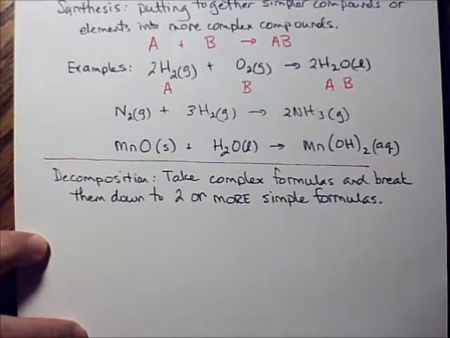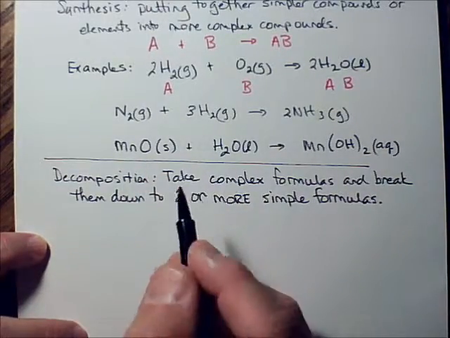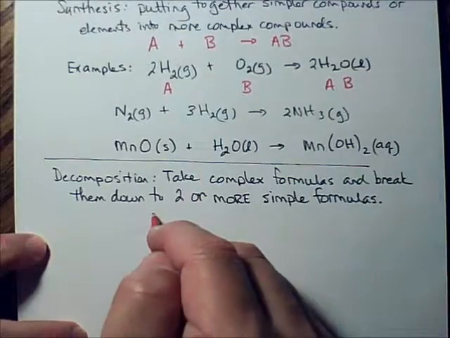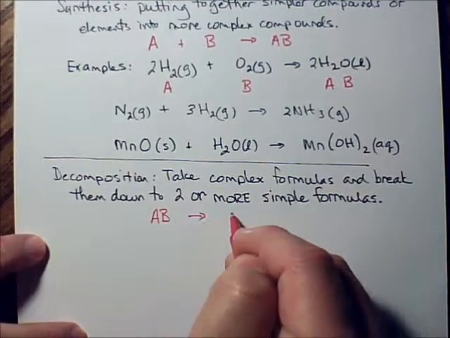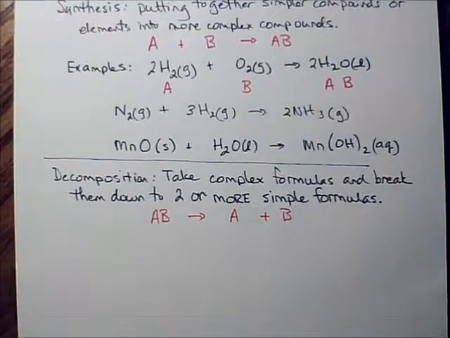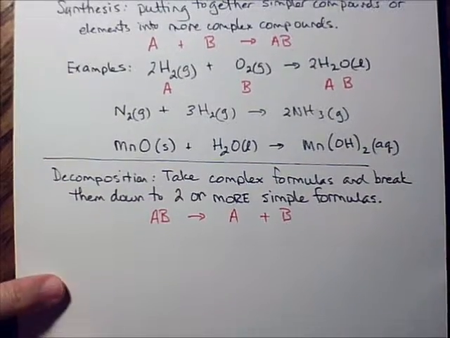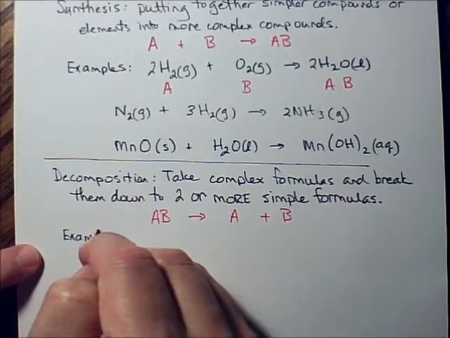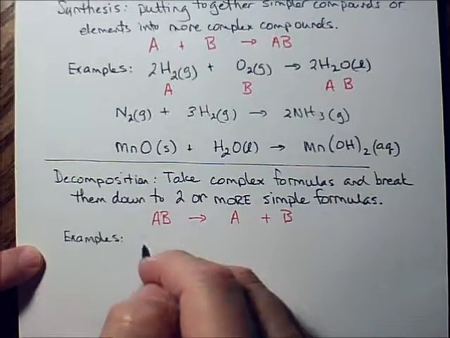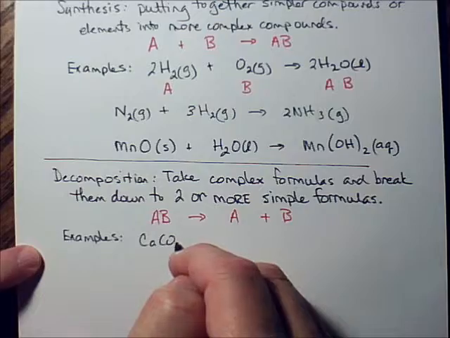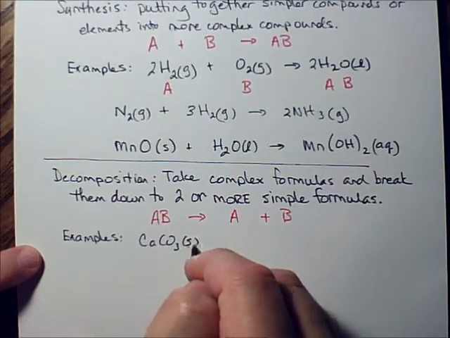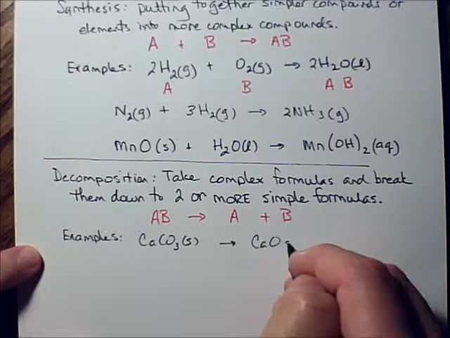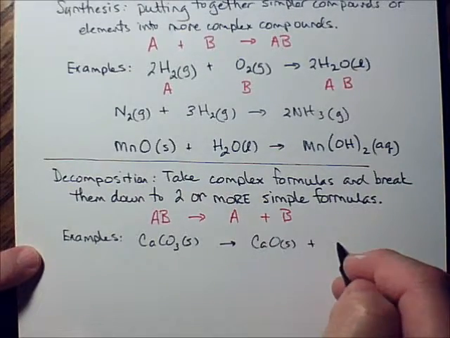All right, so the general illustration example of decomposition has AB breaking up into A plus B. Examples: CaCO3, and you heat it up and you get calcium oxide and you get carbon dioxide gas.